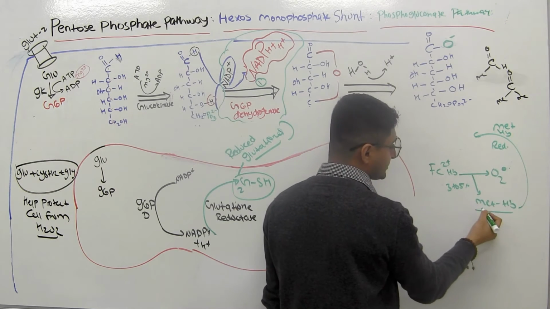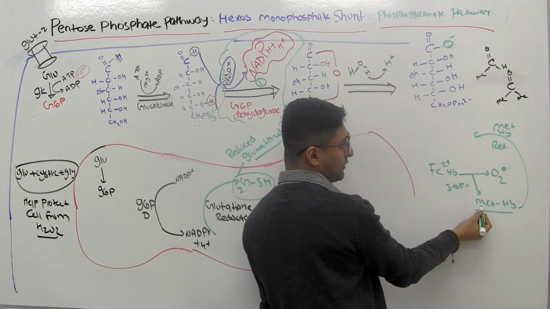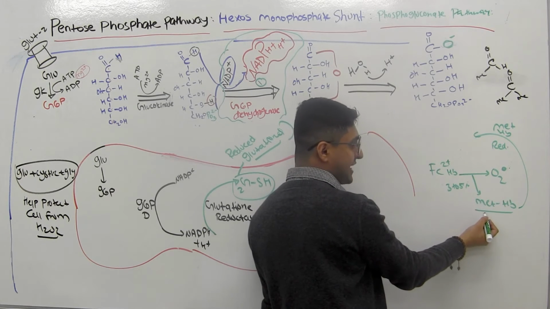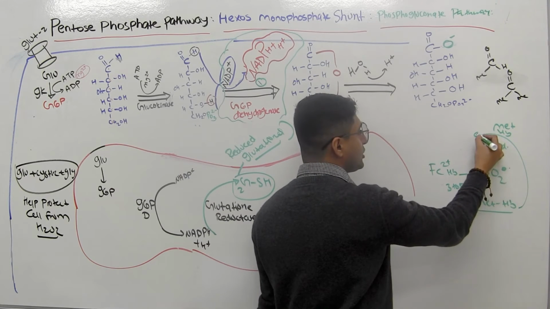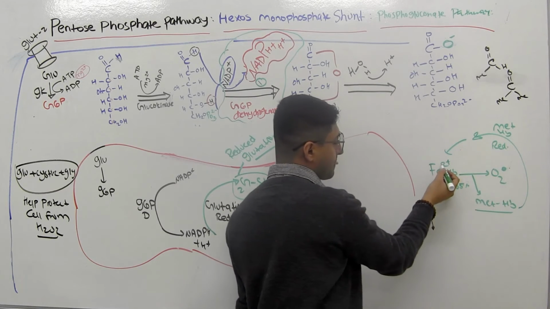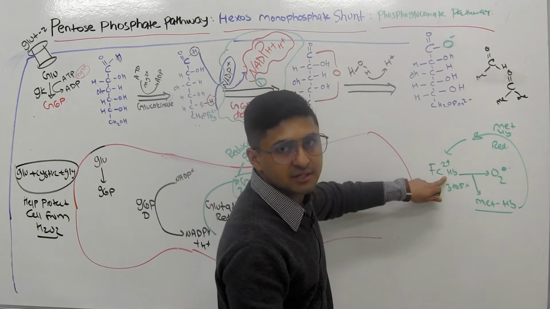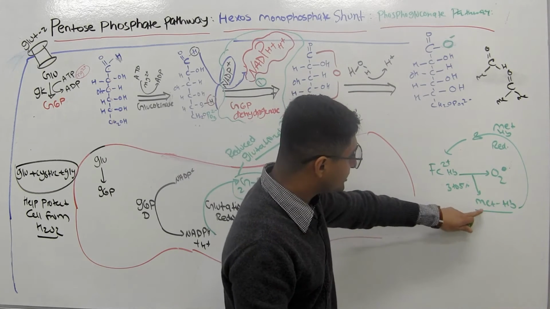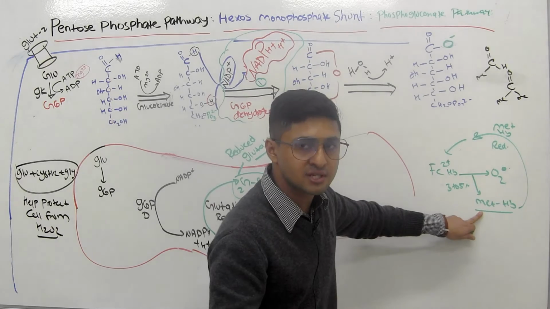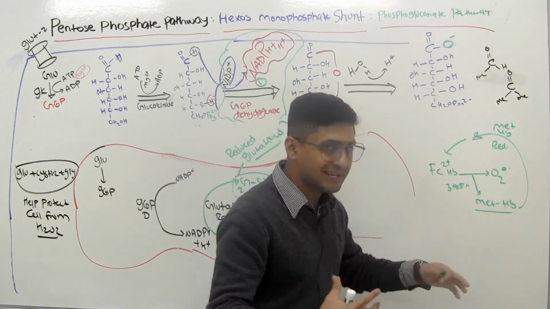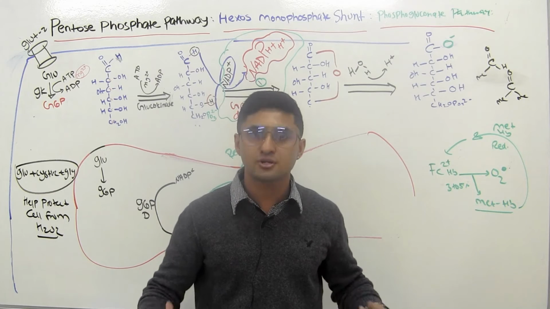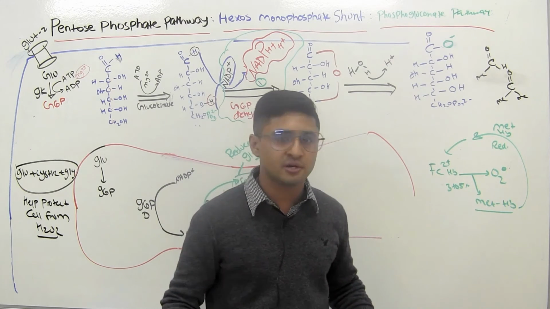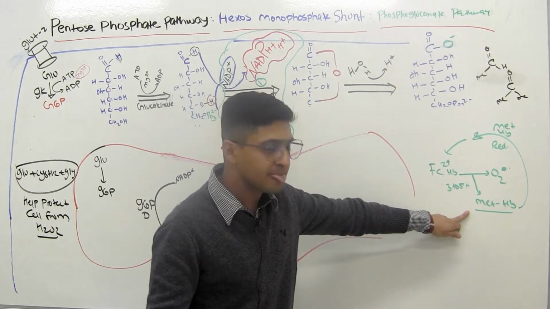What it does is, because it gained one electron, this became the Fe3 plus state. Because this methemoglobin reductase enzyme is present, it will convert it back into the Fe2 plus state in the hemoglobin. Because remember, if methemoglobin is higher in percentage than normal, it cannot carry oxygen, and then your whole body will be bluish. This person will have cyanosis, a whole blue body, right, if you have a high amount of methemoglobin.